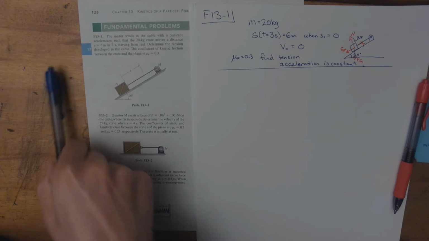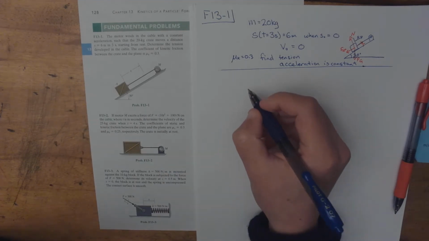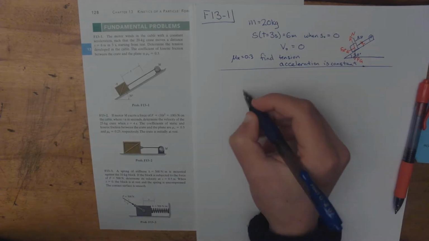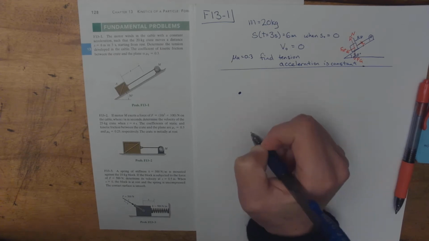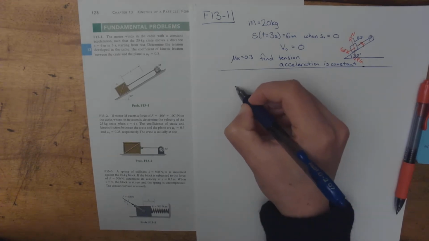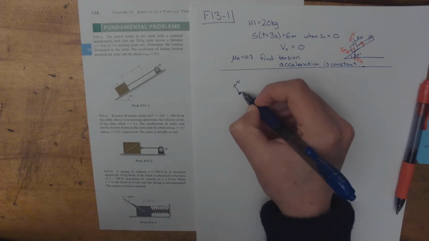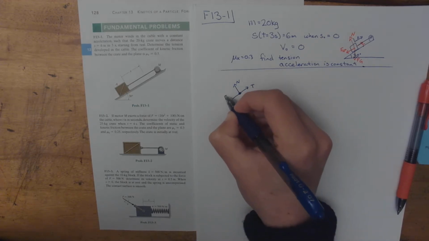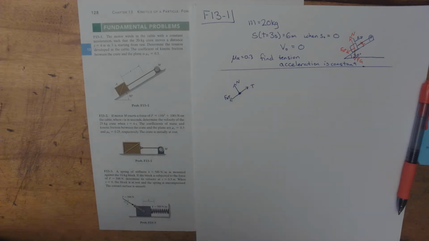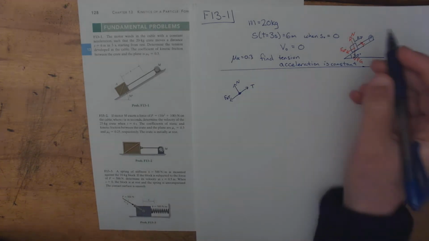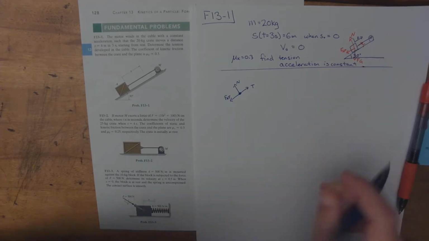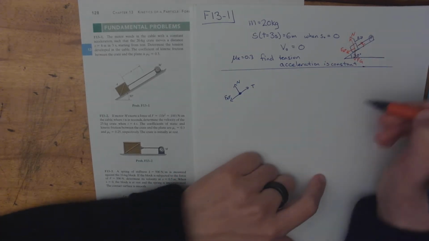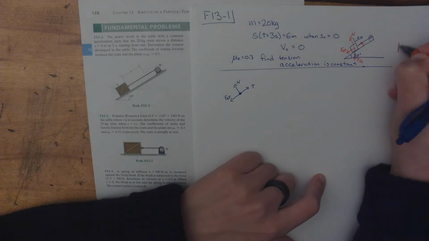So I want to draw a new free body diagram now, and I want to break the force of gravity up into components. So I have my normal force here, I have my tension here, I have my force of kinetic friction, and for the force of gravity, the force of gravity is pointed straight downwards like this.